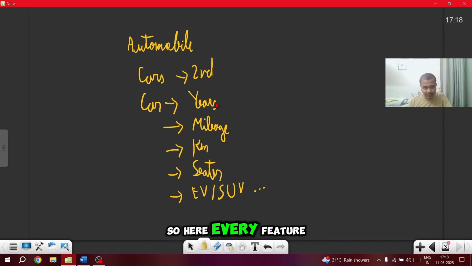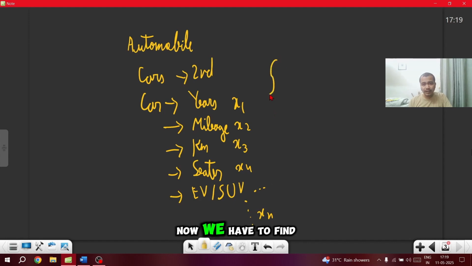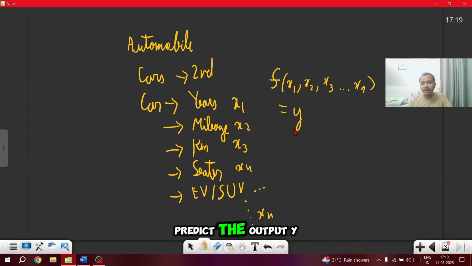So here let us call every feature x1, mileage as x2, kilometers as x3, seater as x4, and so on, and we have multiple till xn. Now we have to find a function f of x1, x2, x3, ... till xn to predict the output y.